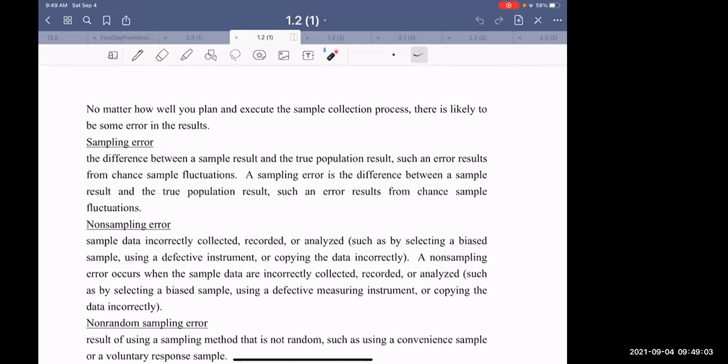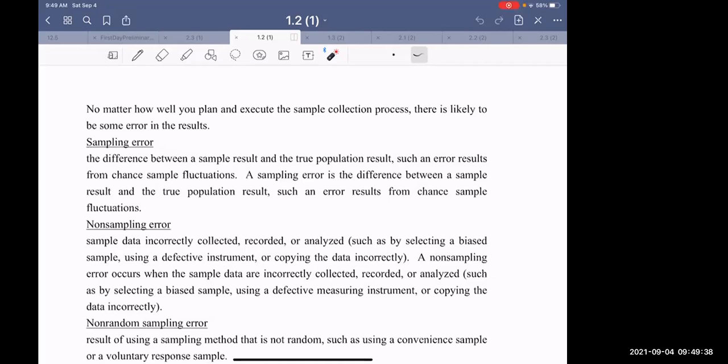And if your sample is too large, you can also have confounding variables that will affect your results. So, well, the non-sampling errors will then become too large. So, non-sampling error. Non-sampling error occurs from incorrectly collecting, recording, analyzing data.